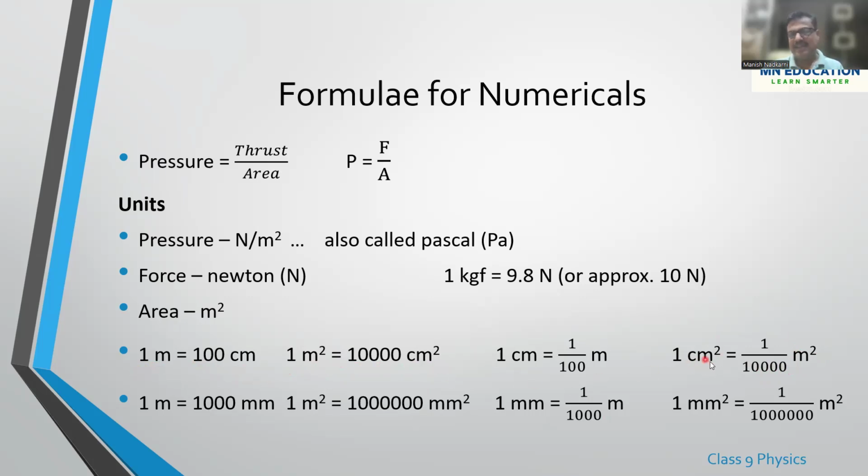Hence, 1 centimeter square will be 1 divided by 10,000 meters square. By the same logic, if the area is given in millimeter square, we'll have to divide by 10 lakhs, that is 6 zeros on top of 1, when you want to convert to meter square. Okay, so these are the things you need to remember for solving the basic numerical problems on pressure.